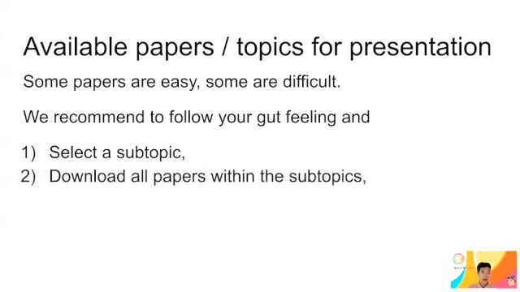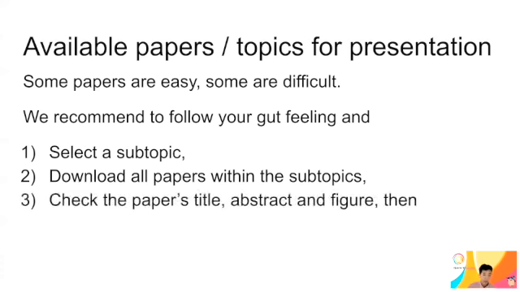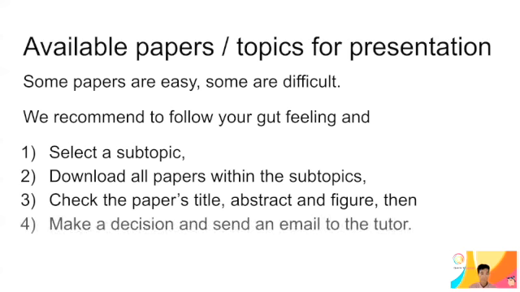And then download all the papers recommended within that subtopic. And then just go through the paper's title and the abstract and then figures. And then you just make a decision and send an email to the tutor. That's probably the best way to do it.